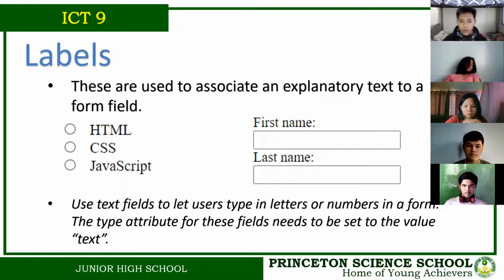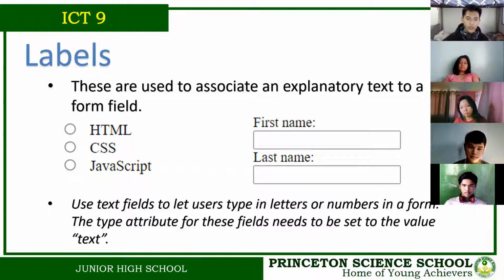Okay. Use text fields to let users type in letters or numbers in a form. The type attribute for these fields needs to be set to the value of text.